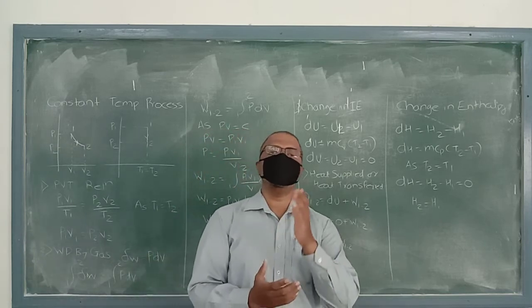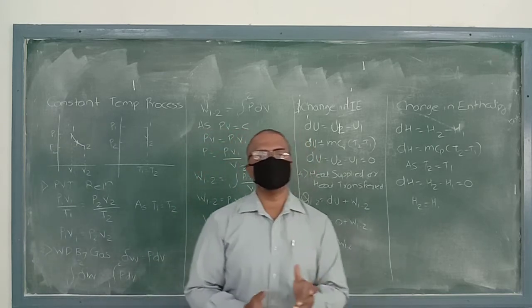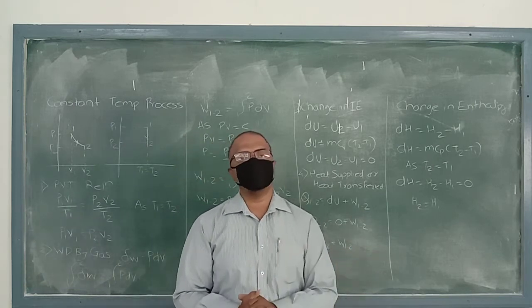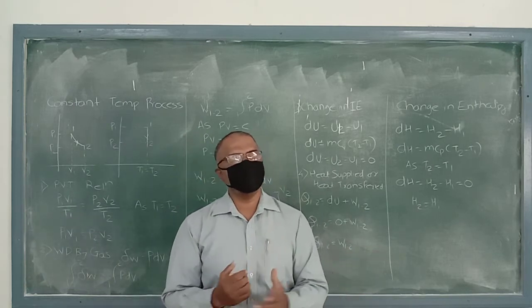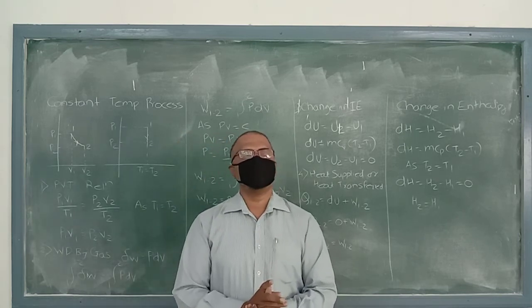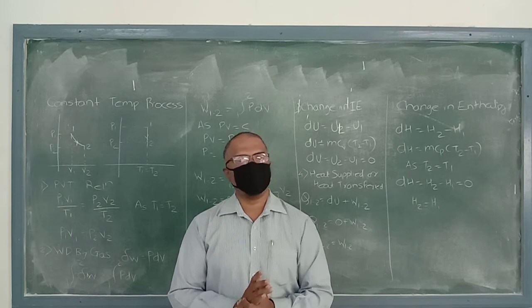The cold body and the hot body must be in perfect contact with the bottom of the cylinder. In this way, in actual practice, we can achieve the isothermal process.